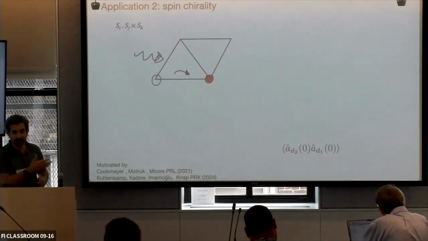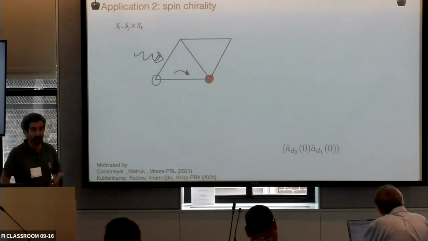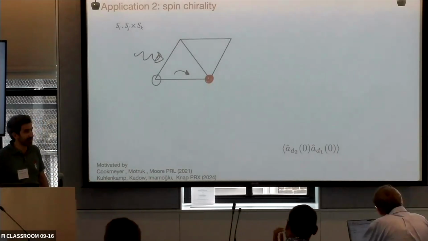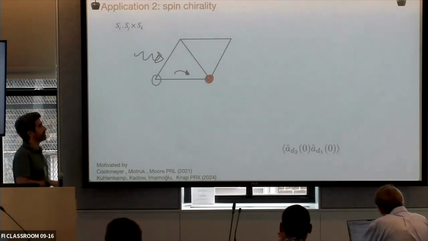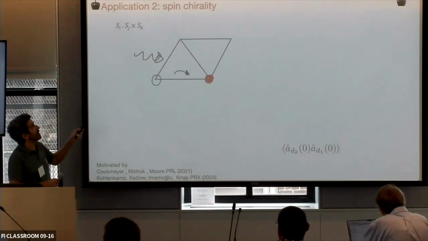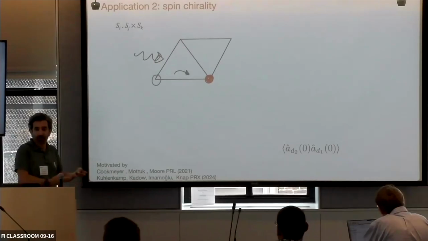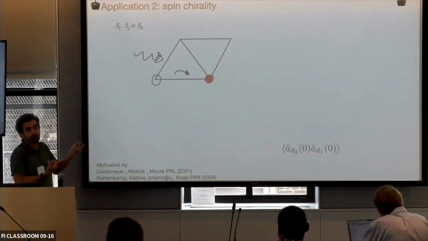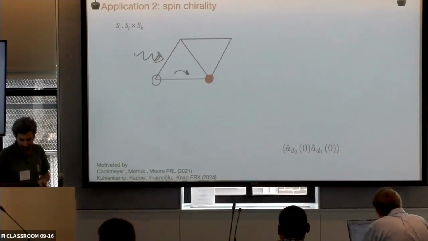So we were motivated to go after this S cross S, and indeed it breaks time reversal symmetry, before Eugene catches me to point that out. The Hamiltonian itself does not have time reversal symmetry, but the state breaks it, and this would be a good signature to see whether it has been broken.